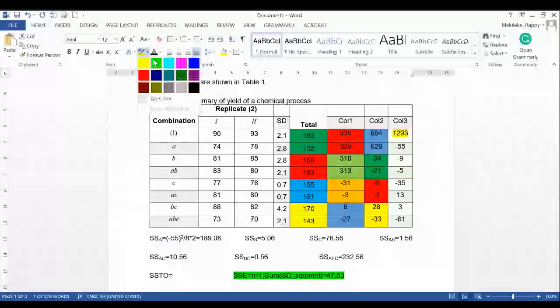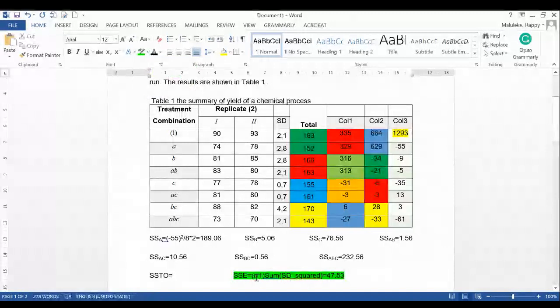We have to check if this formula can be used here. SSTO is 563.45.